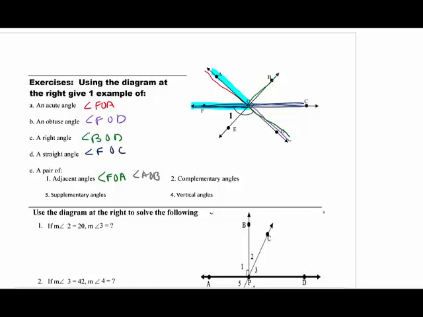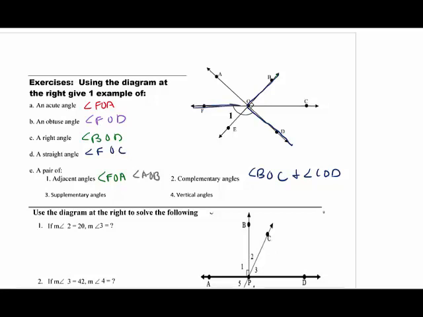Complementary means it creates that corner. Just to clarify, I'm going to erase those off of it. This was my corner, and we have two adjacent angles for that, so I'd have angle BOC and angle COD. Supplementary would create a straight line, and there are multiple ways you could do this, but we want pairs.